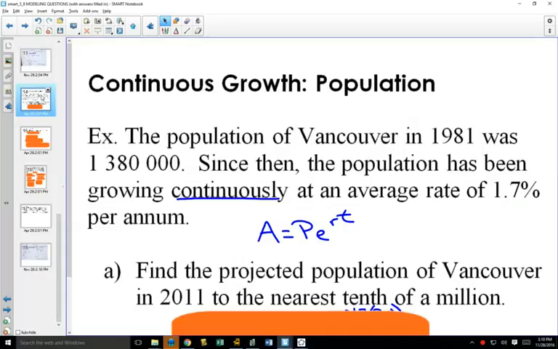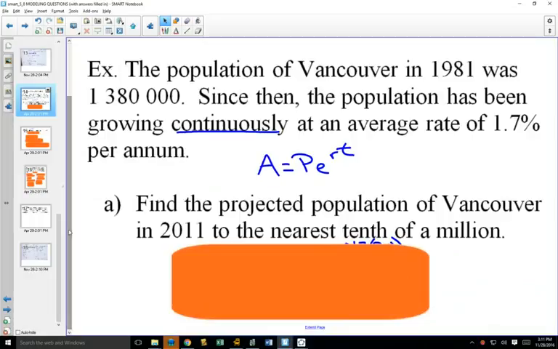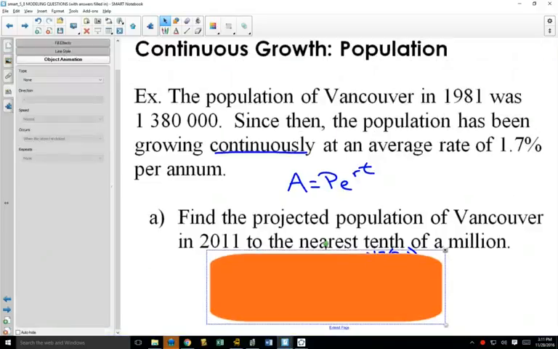So if we have our PERT formula, and here it's growing continuously at a rate of 1.7%, we want to find the projected population in 2011. Well, that's just a matter of plugging everything into our formula.